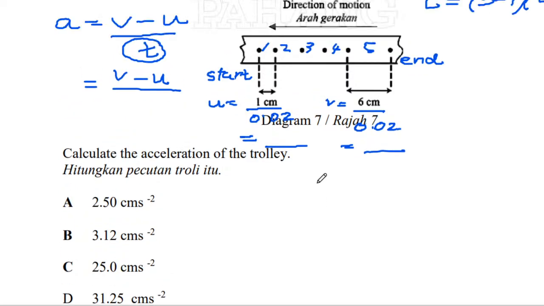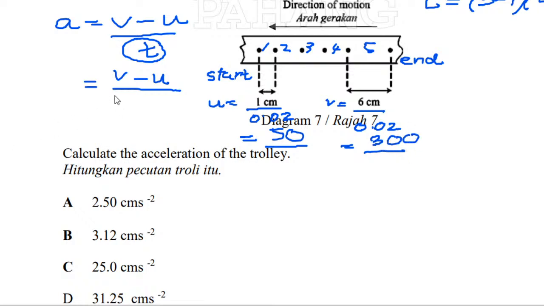Teacher presses the calculator first. The initial velocity, one divided by 0.02, should be 50. So here 50. And then 6 divided by 0.02 is 300. So here is 300.